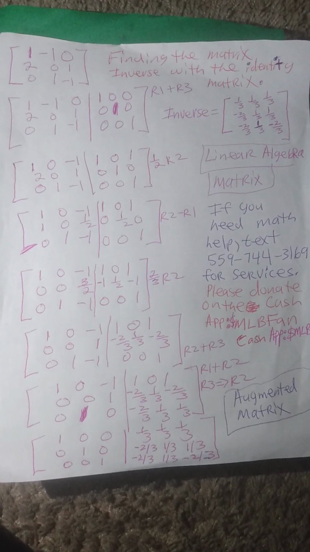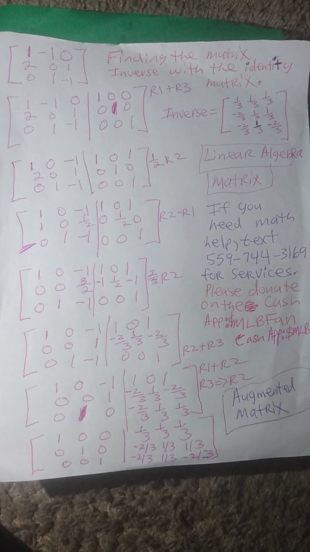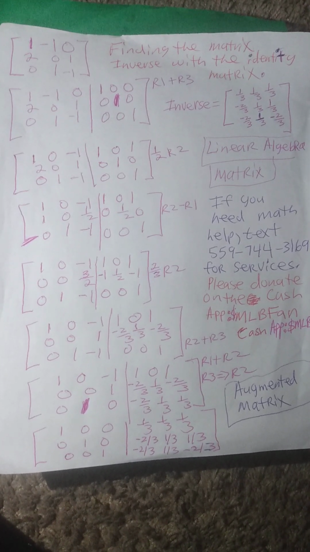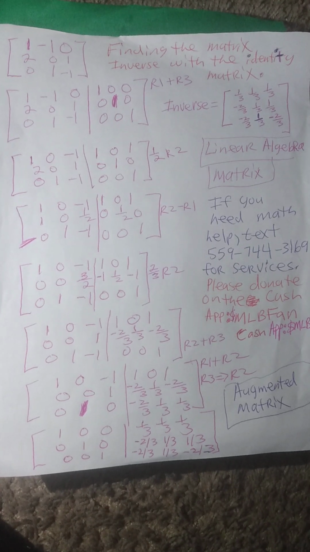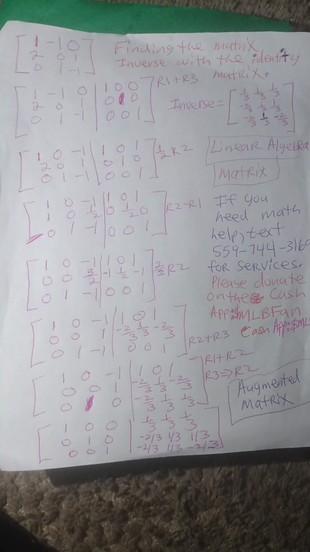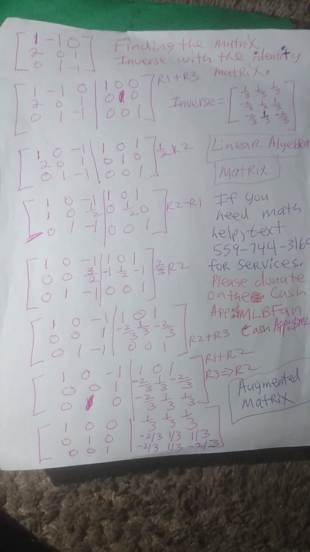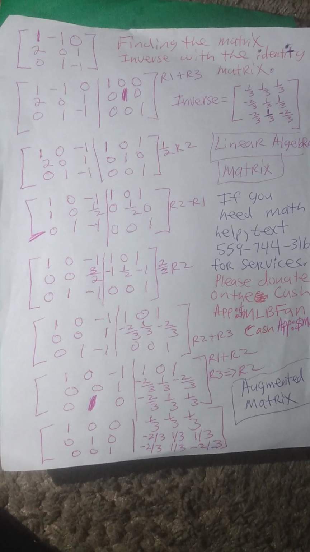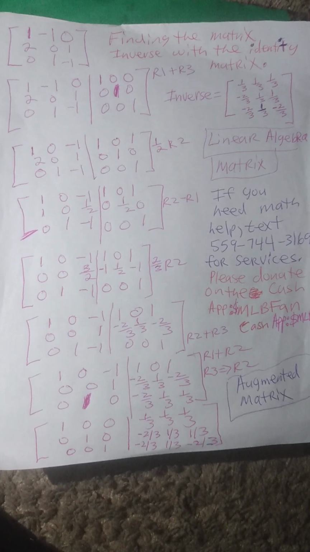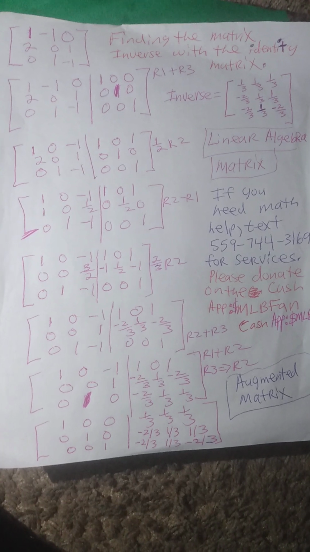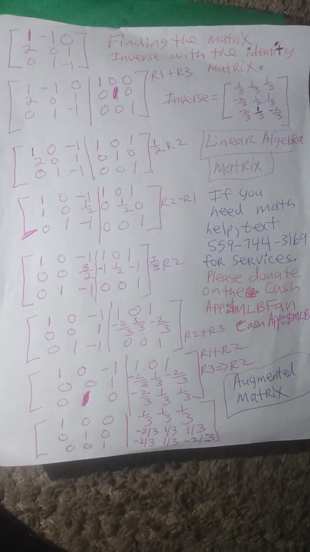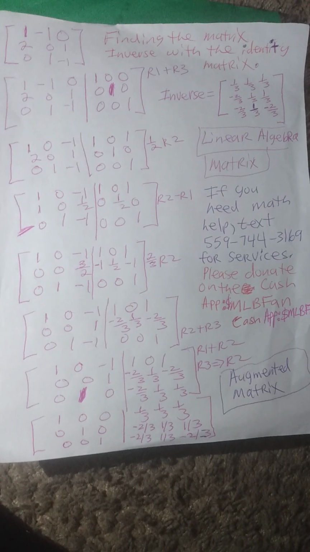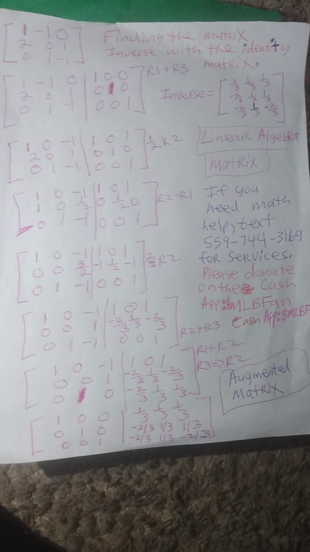So first, in order to find the inverse of a 3x3 matrix, we need to augment the beginning matrix with 1, 0, 0, 0, 1, 0, and 0, 0, 1. The identity matrix will start off on the right-hand side, and when we finish, the identity matrix will switch to the left-hand side, and the inverse will appear on the right-hand side.